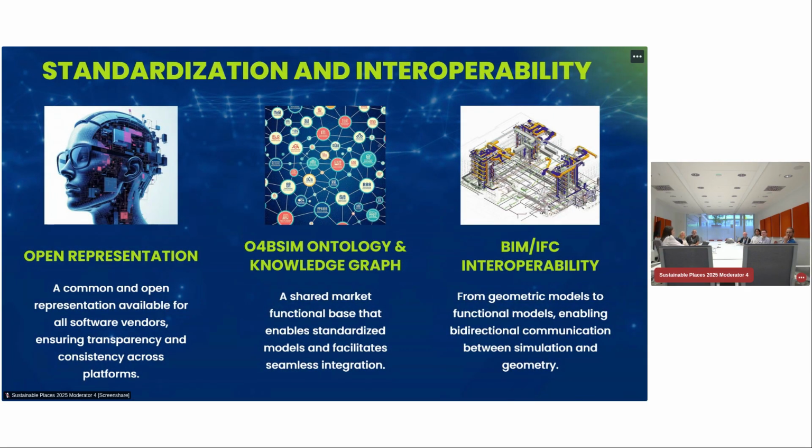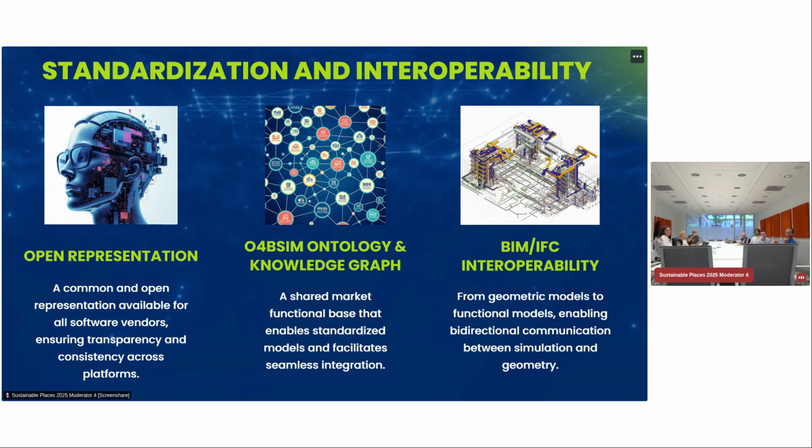So Symbots are built on an open representation available to all vendors, using the O4B SIM ontology and knowledge graph. These ensure consistency and transparency. They allow direct open interoperability with the BIM and IFC project, linking geometry and simulation in both directions.